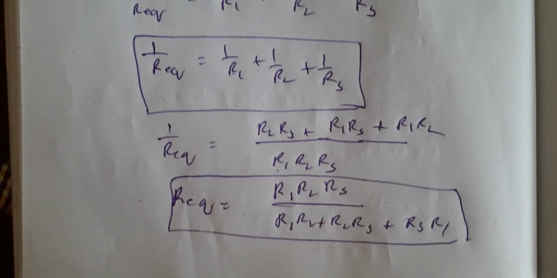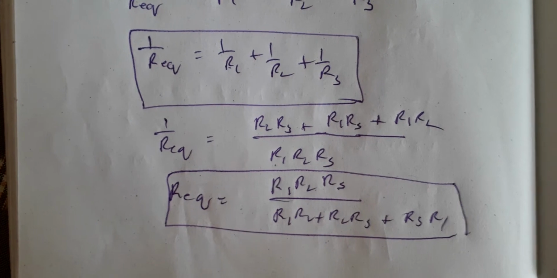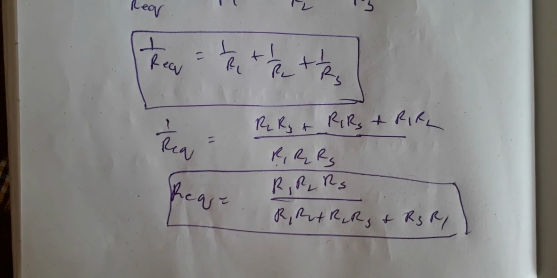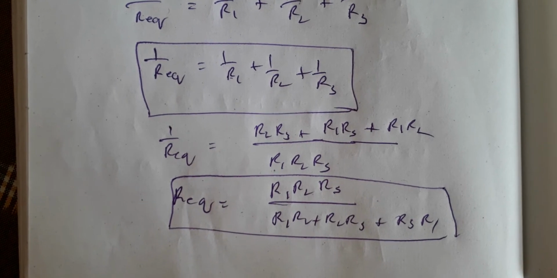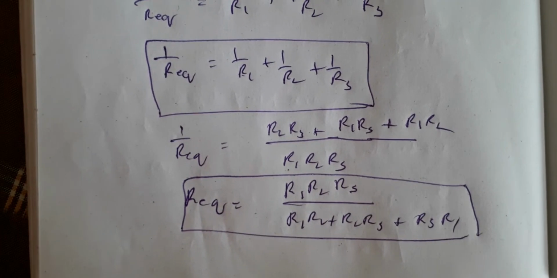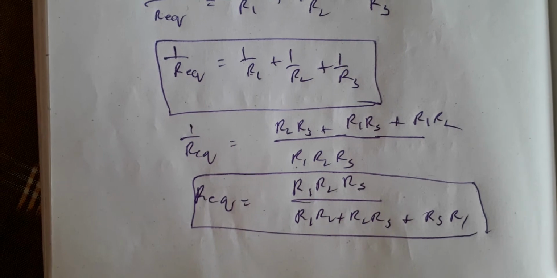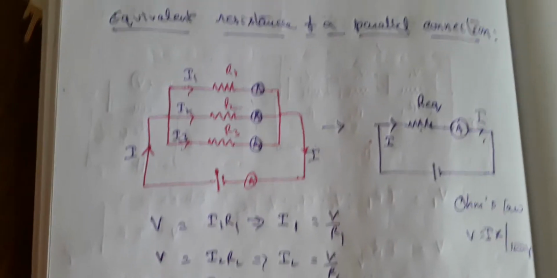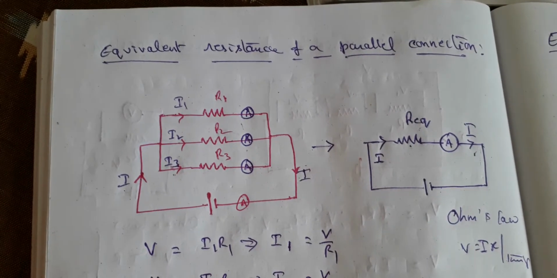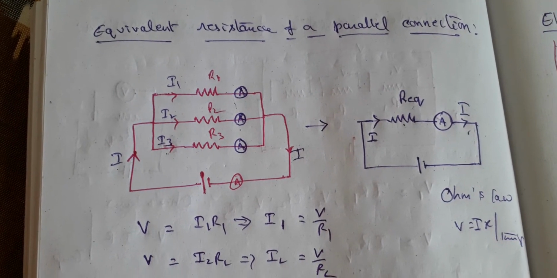Okay, children. So now if two resistors are given, you can find out by substituting in the formula. It is enough if you can remember 1 by R equivalent is equal to 1 by R1 plus 1 by R2 plus 1 by R3 and so on, if a number of resistors are given to us. Okay, children, so take a screenshot. The circuit diagram, this is how you have to draw.